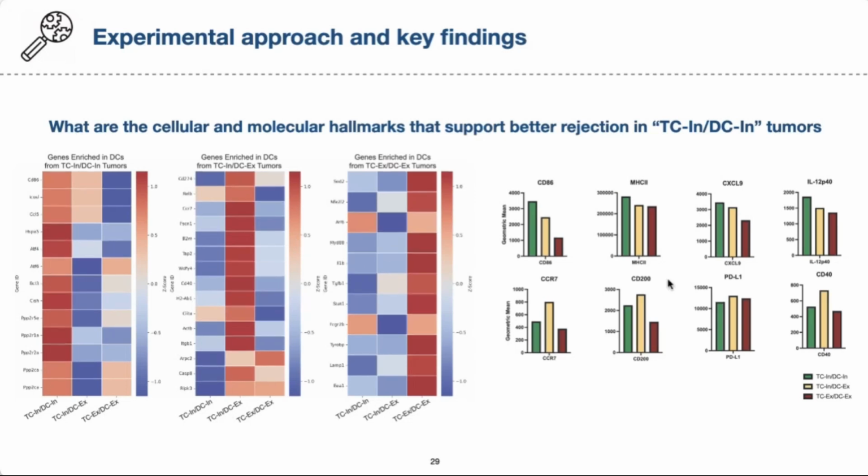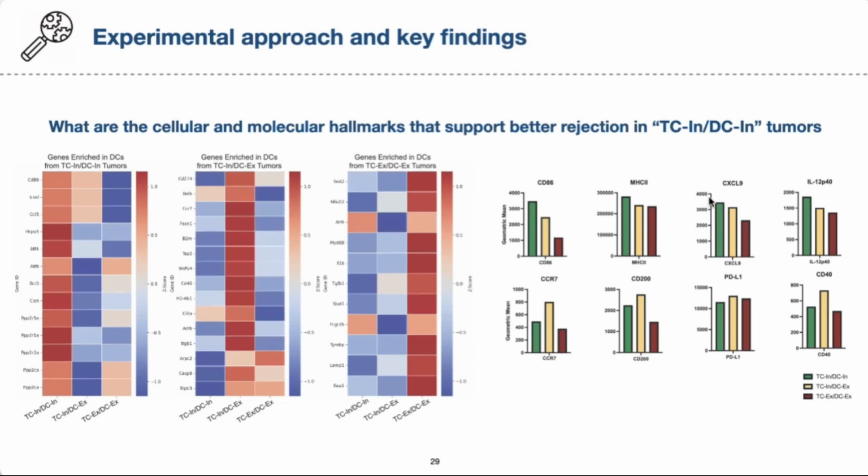So these are very challenging experiments to do with such small tumors and with such a rare cell type. But we can see that our T cell inflamed, dendritic cell inflamed population, shown in green, had the highest expression of CD86, MHC class 2, CXCL9, and IL-12p40, suggesting really a T cell supporting phenotype of those dendritic cells.